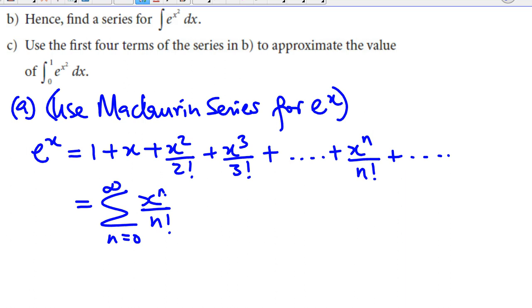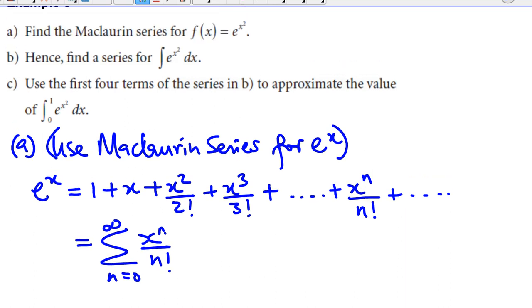Now what I want you to do is look at these connections. This is e to power x, remember, but what we want is e to power x squared, which means you're going to replace x squared in place of x in this series.